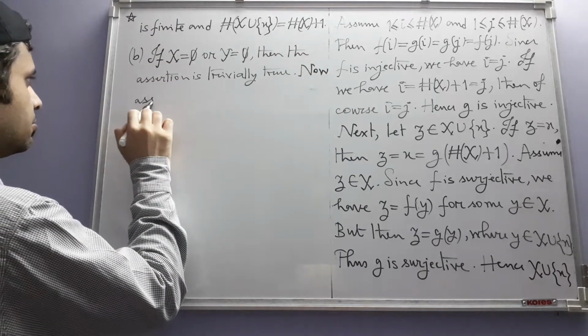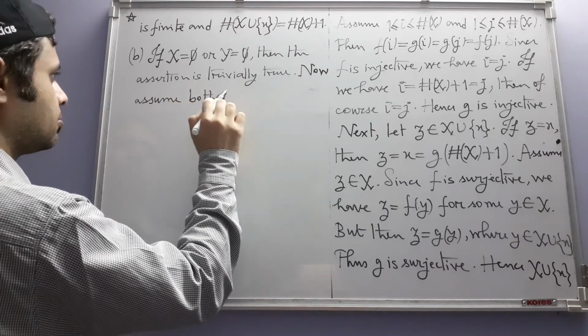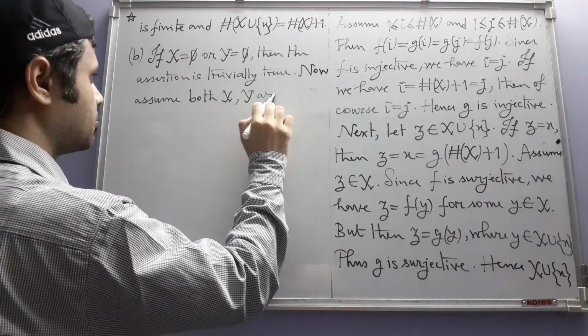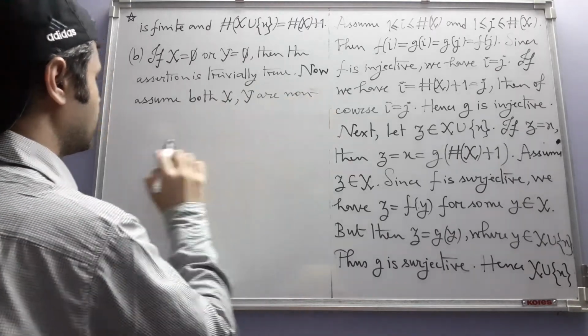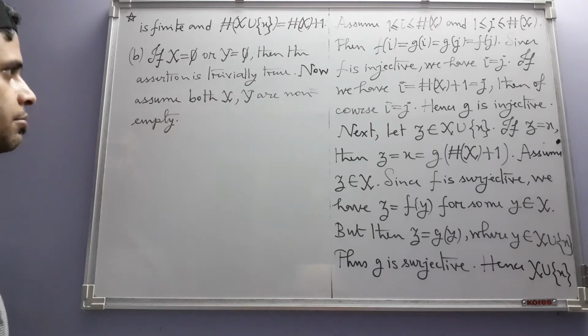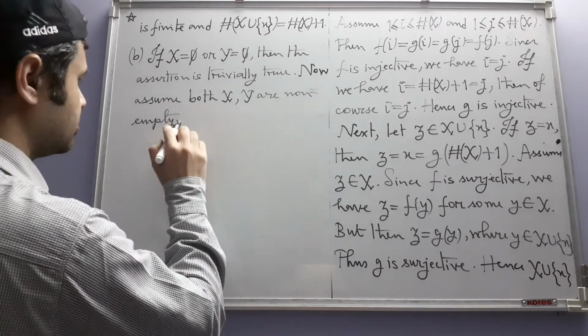Now assume both x and y are non-empty, and they are given to be finite. So we will find appropriate bijections.